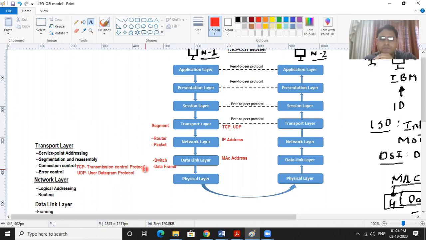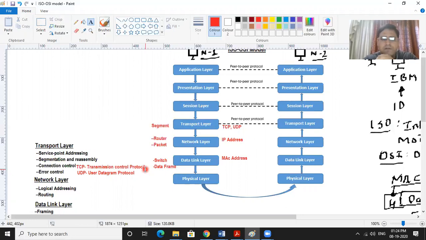Now, why? Because in TCP, when a sender sends segments or data packets to the destination node or host, firstly the sender will establish a connection with the receiver, the destination node.